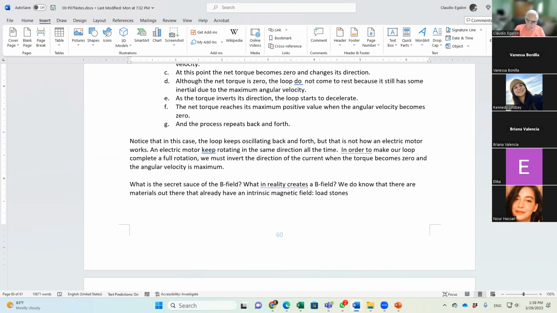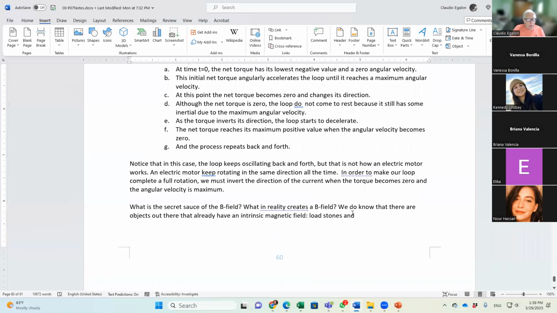Lodestones, the Earth's magnetic field. There are objects out there, right? The Earth itself, and many of the planets, not all of them.